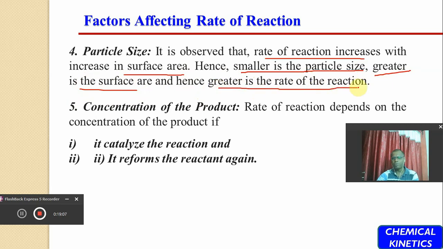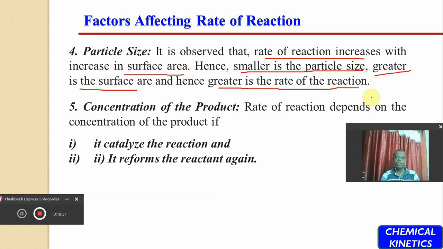It means that if the particles are present in granular form and the same particles are present in powder form, then the rate of reaction will always be greater in the powdered form, because in the powdered form the particle size is much smaller compared to the granular form.